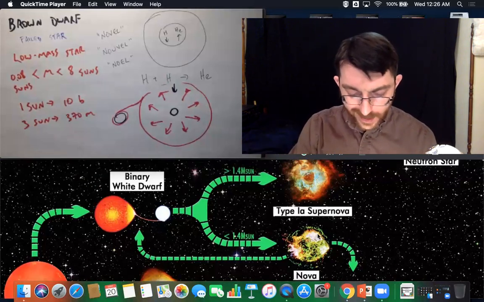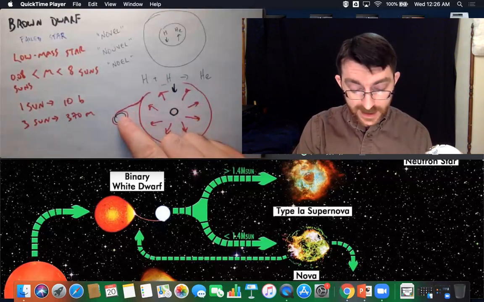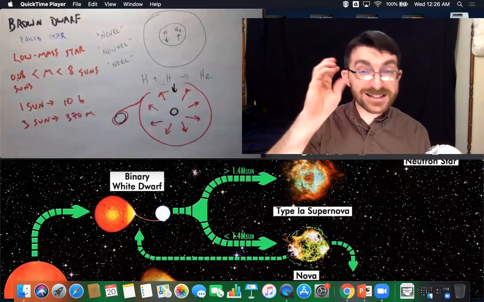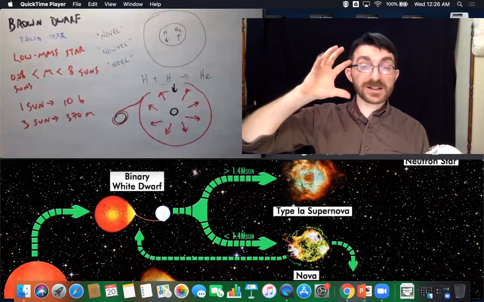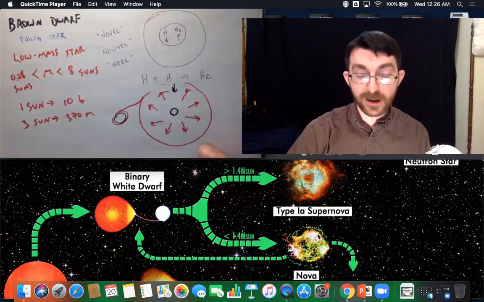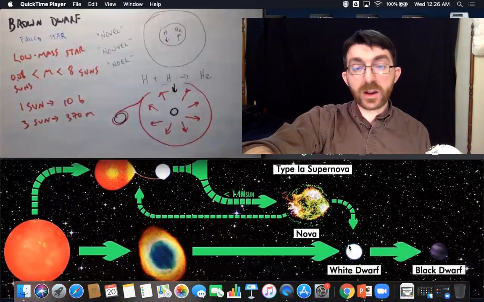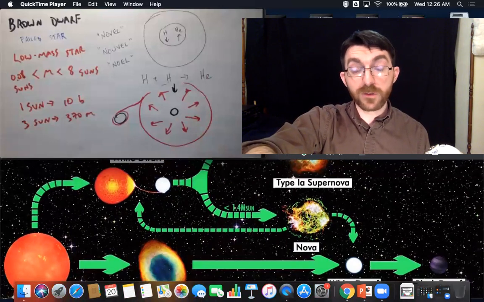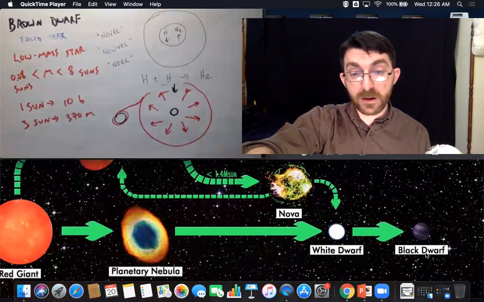What's the boom? Well, as all this material collects, you get a sudden collection of material, and a sudden collection of material is what causes a sudden spike in pressure, which reignites fusion and sends the material out, and there's your nova. The white dwarf would again be the leftover remnants of that nova, which turns into a black dwarf at the end.